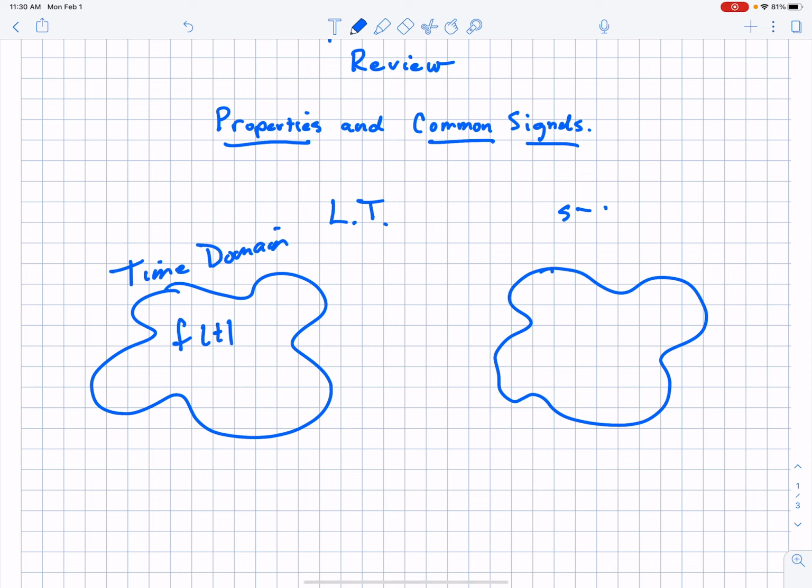We had some videos that talked about this. The S domain, sometimes people call it the frequency domain because s equals j omega. J omega is the frequency component of that, so sometimes it's called the frequency domain. And over in the frequency domain, a signal can be transformed to land over here as f of s. All right, so t for time, s for the S domain.